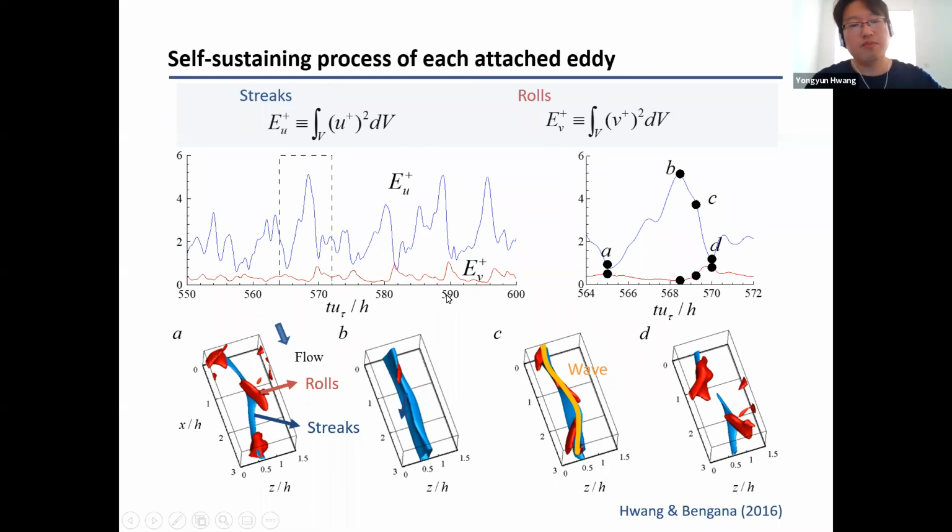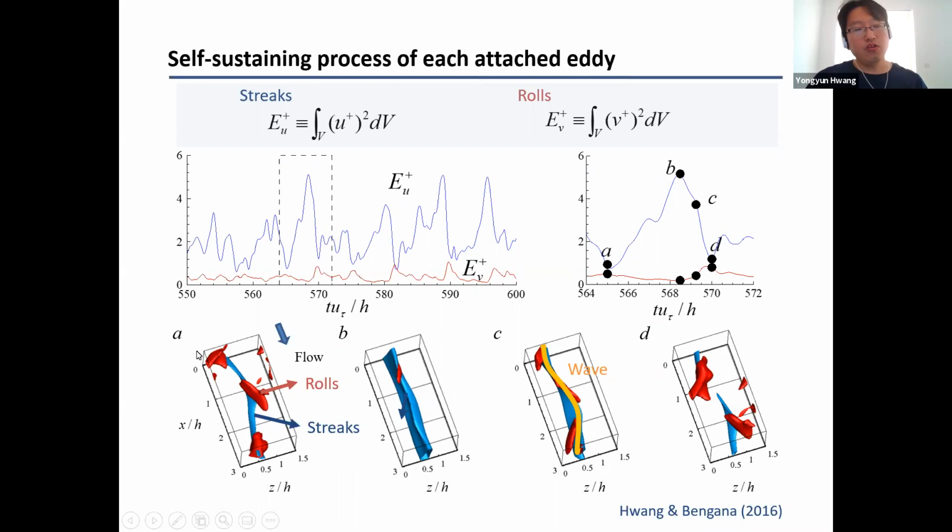And then we just run the simulation, and you will see that there is a quasi-periodic oscillation going on. What is interesting is that there is a very good phase relation between the streamwise velocity fluctuation and the wall-normal velocity fluctuation. If you look at the flow field, what is typically happening here is that there is a long structure of the streamwise velocity, denoted by blue color here, which we call streaks for historical reasons.